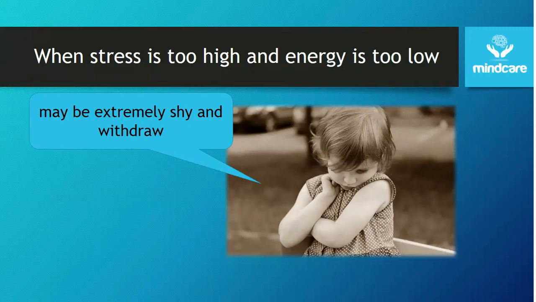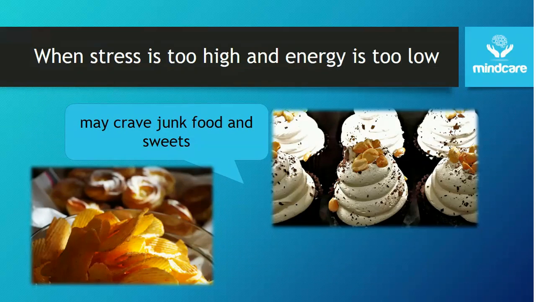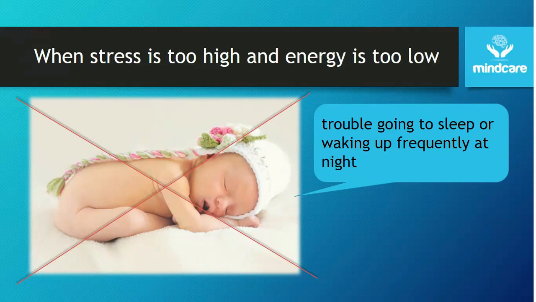We tend to push these kids into the group, but sometimes we may need to look at it through a different lens and see what is really underneath. Another sign of stress is when the child craves junk food and sweets. And not only a child, it's us who do that too. And the last one, I think, is trouble going to sleep or waking up frequently at night.